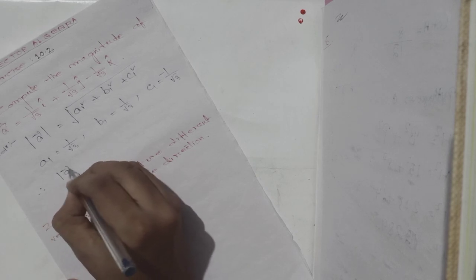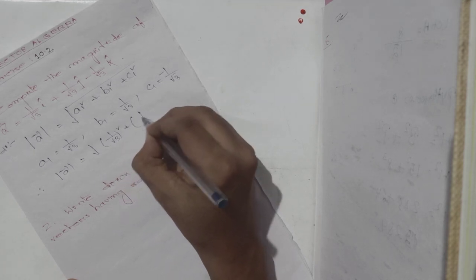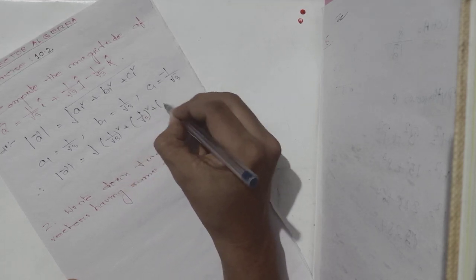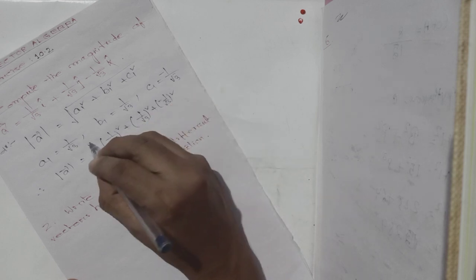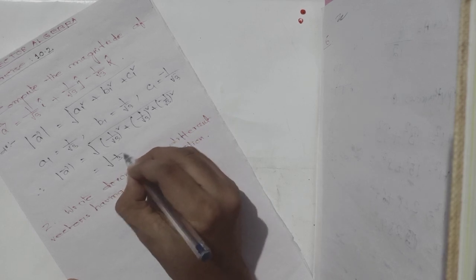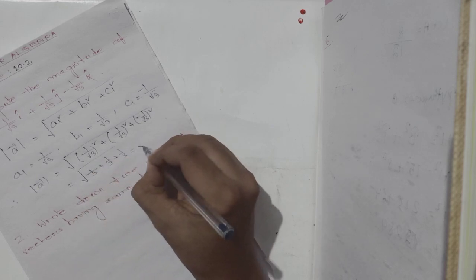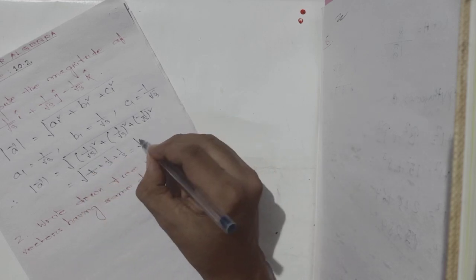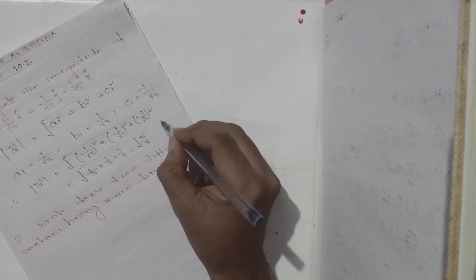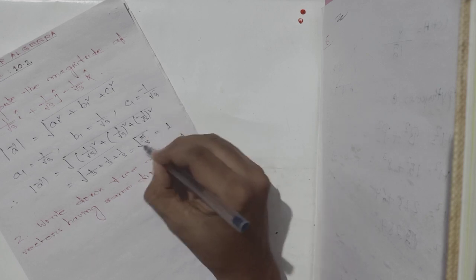So the magnitude of vector A will be root over 1 by 3 plus 1 by 3 plus 1 by 3, which is root over 3 by 3, and it will be 1. So this is the answer, the magnitude of vector A.